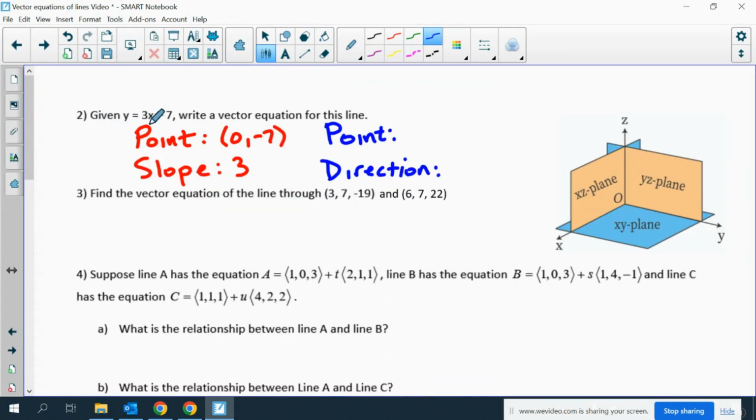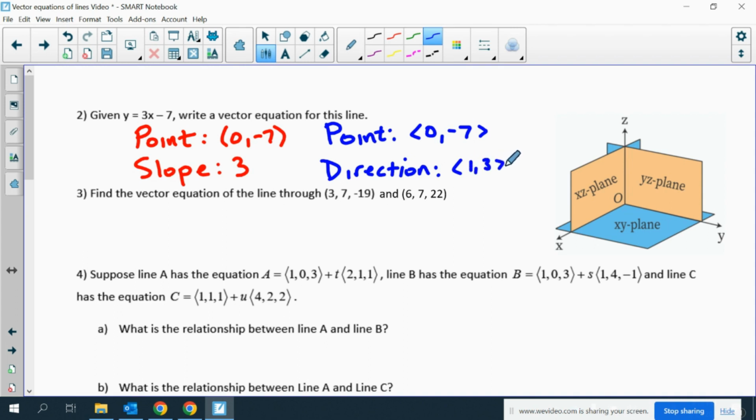Problem 2 has this slope-intercept form, so we can look at 3x minus 7 and realize that we have a point and a slope. So the point I would write for the vector form to give me a location is (0, -7). Then the direction vector is going to be equivalent to having a slope of 3.